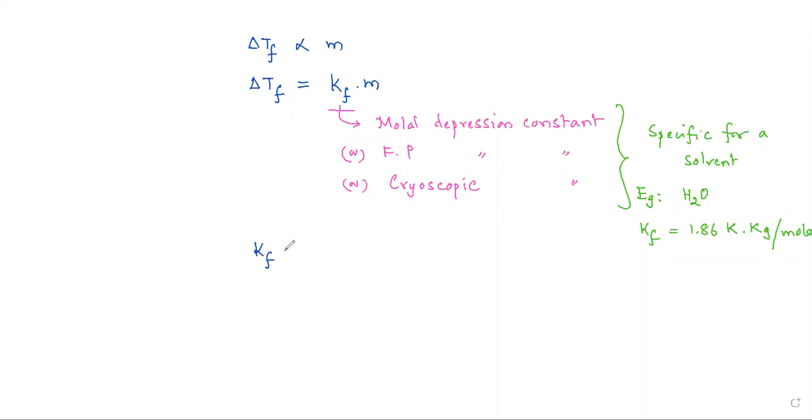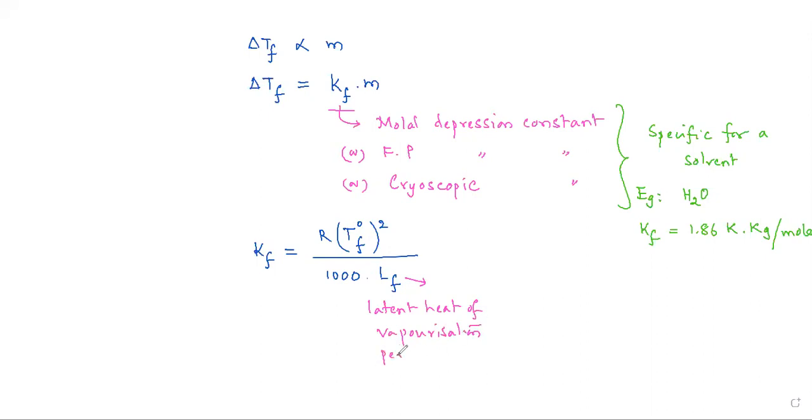Now let us give what Kf is. See, it is R T naught F square by 1000 into Lf, where Lf is latent heat of fusion per gram of solvent. Very important. Per gram.